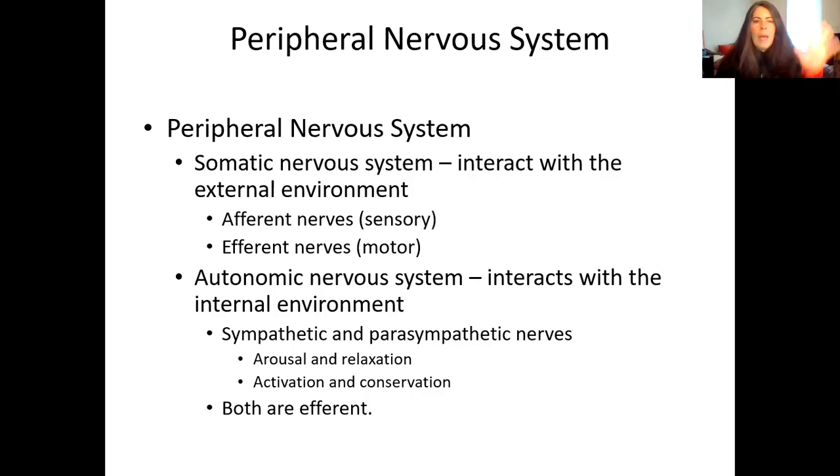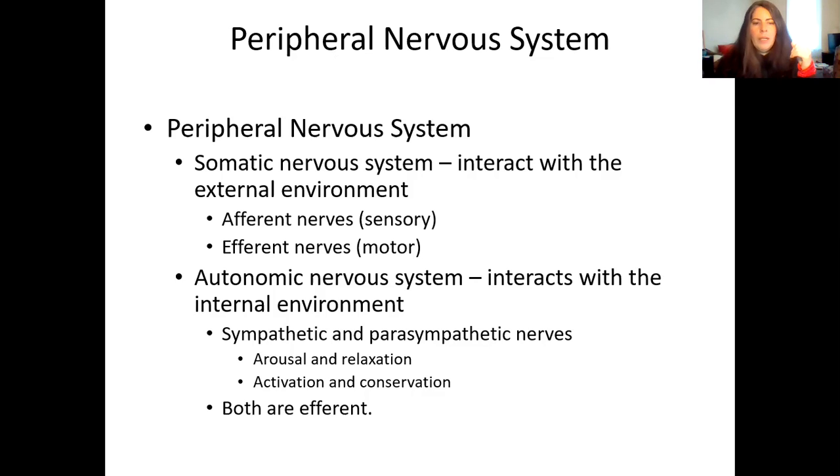So again, the somatic nervous system keeps us in contact and in response to the external environment, whereas the autonomic nervous system is really regulating the internal environment. And there are subdivisions here, the sympathetic and parasympathetic nerves. Sympathetic, arousal and relaxation. Parasympathetic, activation and conservation.